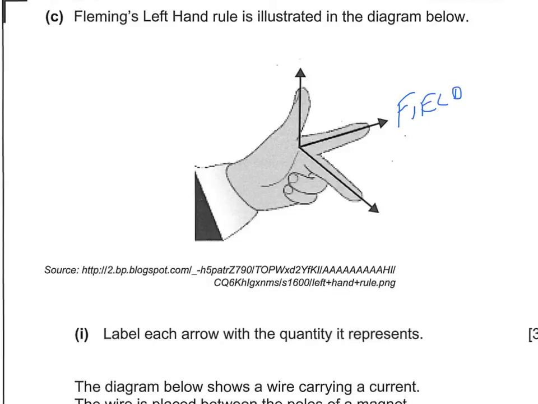Your second finger is always the current. And the thumb is often referred to as the thrust or push or force. There's a video elsewhere on my channel on the left-hand rule. You might want to take a look at that.